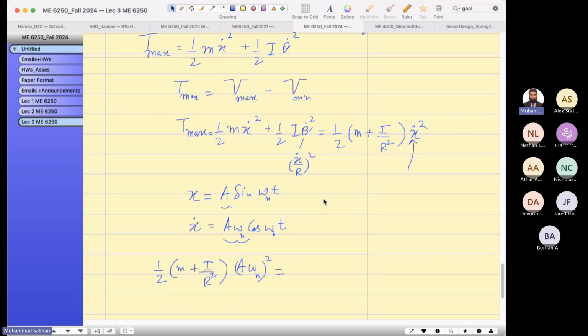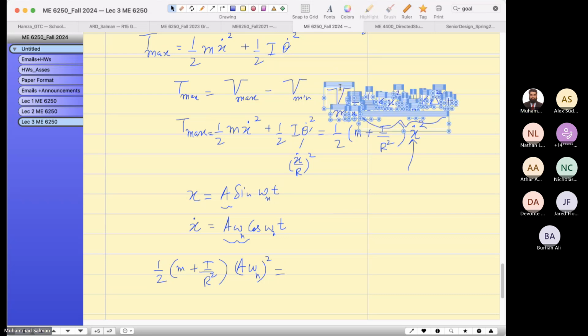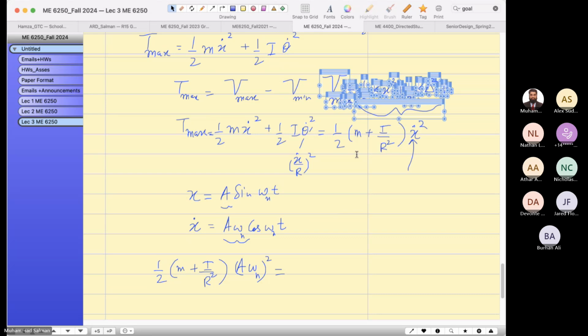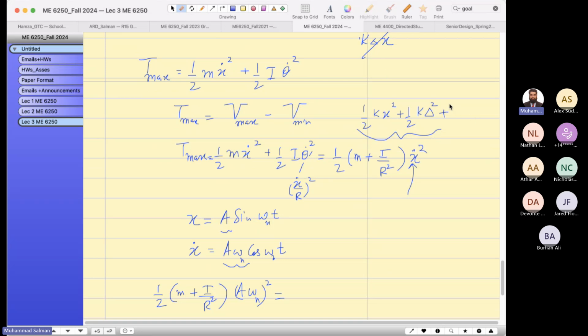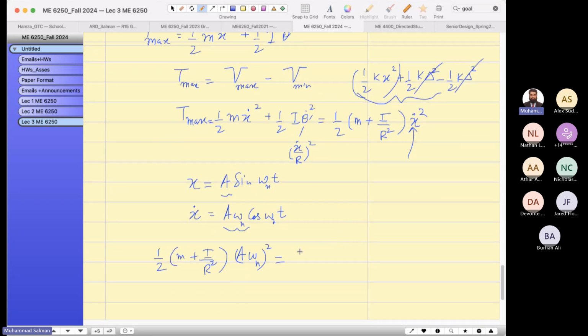So on the right hand side, let me write down over here. The negative sign, because V min is half k delta square. So I can cancel this out. So this is my half k delta square. This is cancelled, so you're left with only this term on the right hand side, that is equal to half k x square.